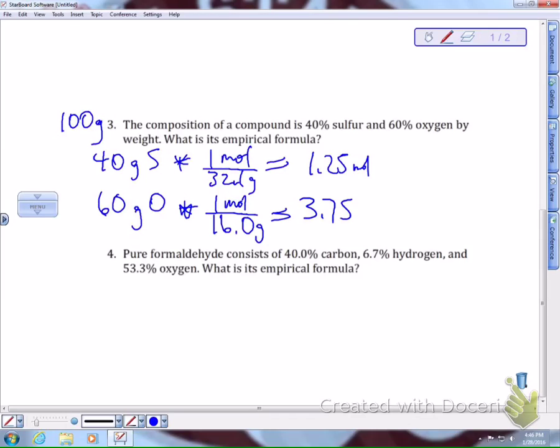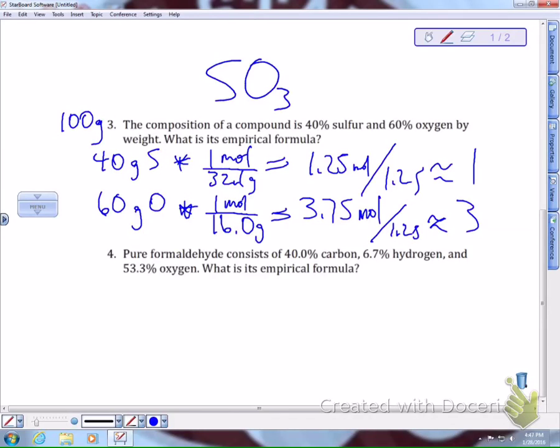So this one's going to work out pretty well. Alright, not simplified, so let's divide by the smallest to simplify it. And like I said, this one works out pretty well. This comes out to be 1 and 3, spot on. So the empirical formula for number 3 is SO3. That's not sulfite, that is a covalent compound called sulfur trioxide. There's no charge there.